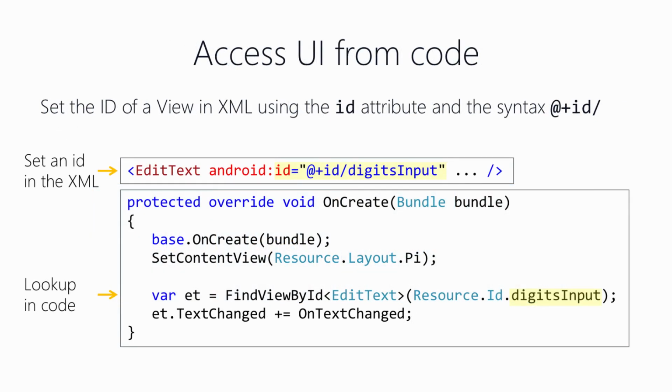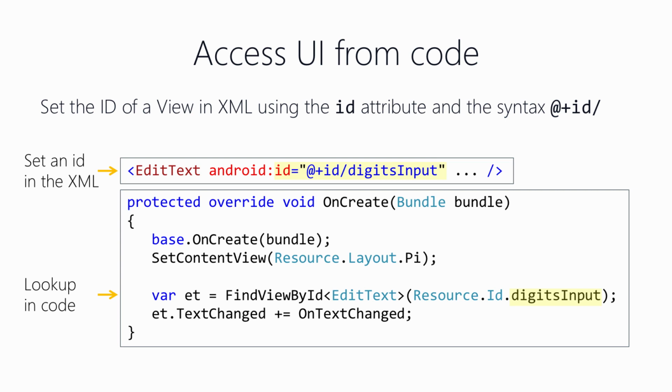All the views and layouts that you work with in your UI inherit from the View class, so they all have an ID property. In XML, you use the android:id attribute to set the underlying ID property. You use the special syntax @+id to set the Android ID.